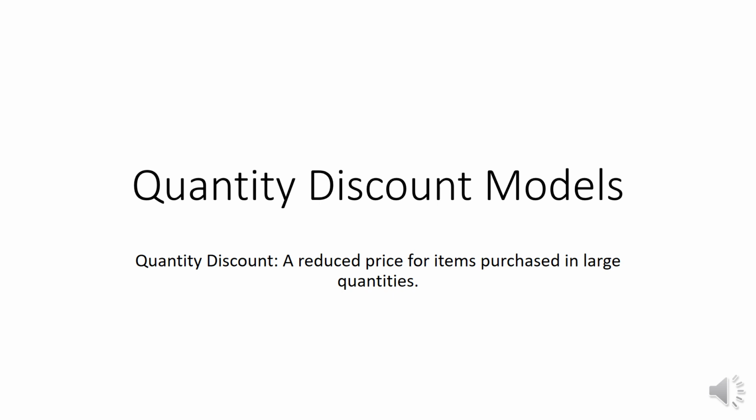So you need to decide which quantity you have to purchase. It seems to you that going for the quantity with the least price makes a lot of sense, but actually it is not correct. Why? Because of your holding cost and your ordering cost.